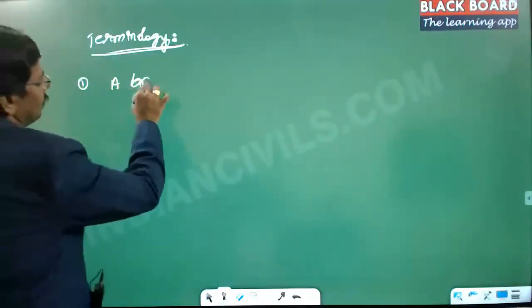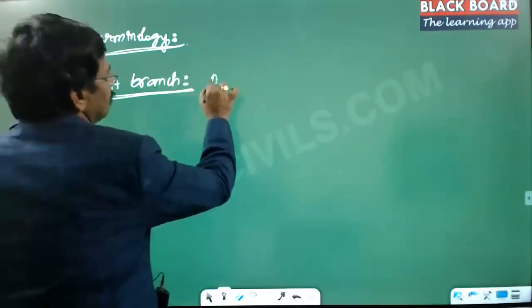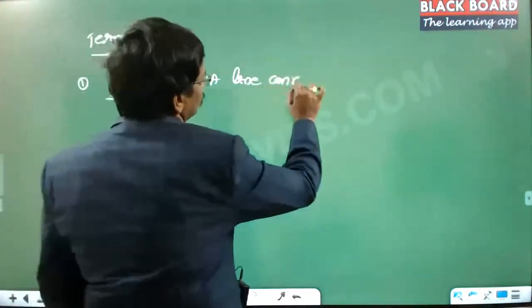In this case, a branch is a line connected between two different nodes.